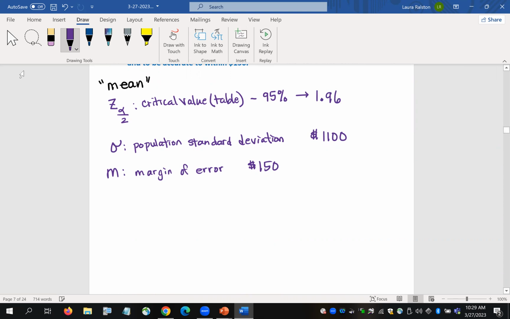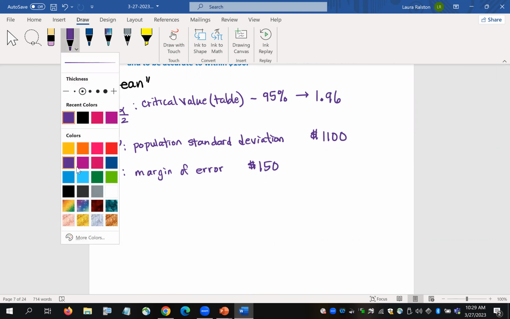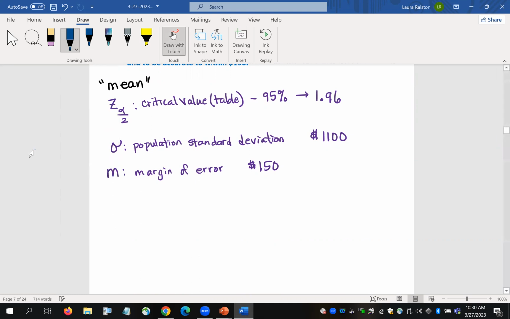You'll have access, hopefully you've written it down, or it is on the PowerPoint, but you'll have access to the formula for the midterm. N equals the critical value times the population standard deviation divided by the margin of error, and that whole value is squared.